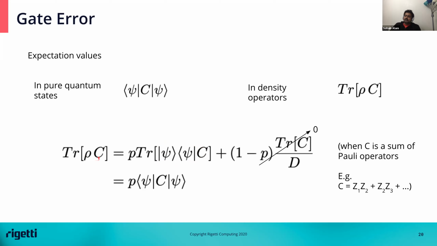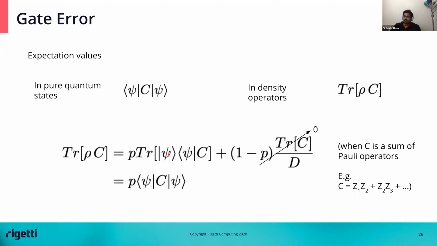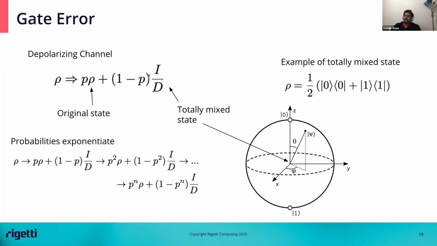Basically, I took this initial density matrix and passed it through a depolarizing channel, and now I'm interested in computing the expectation value of this observable C. So it's going to be P times the expectation value of that observable in the original state, plus 1 minus P times the expectation value of that observable in this totally mixed state.